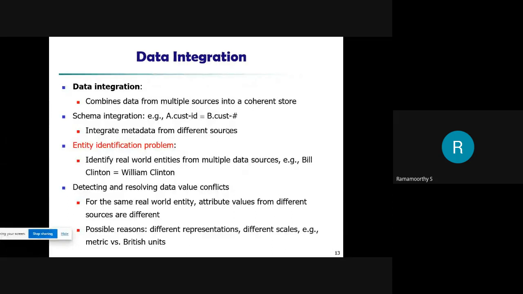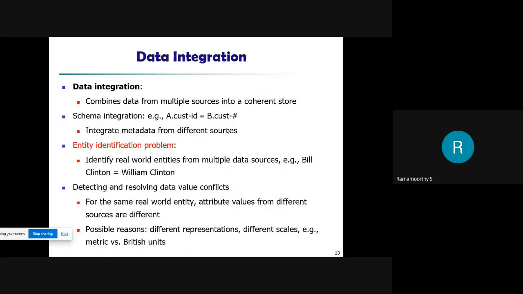So what conflicts may occur in the process of data integration? For the same real world entity, the attribute values from the different sources are different. In simple terms, the data you are collecting from multiple sources may involve multiple data formats, and you need to provide a unified structure.